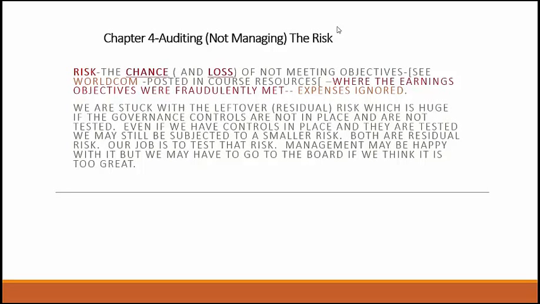So if they go to the board of directors, and we're both going to be in the same meeting, we're going to present the audit report. We're going to say, this is the issue, this is what they recommend. Management has responded that they have accepted this level of risk. If they communicate this to the board of directors and the board of directors is fine with that, then management is in control.